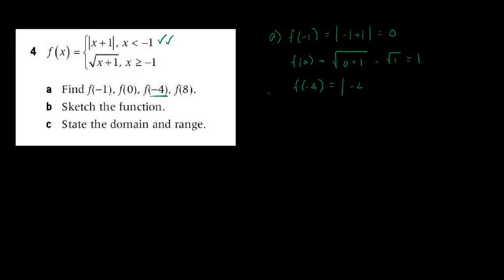And so that's -4 plus 1 equals the absolute value of -3, which is 3. And f of 8, we're going to use the radical. 8 plus 1, square root of 9 equals 3. Okay?